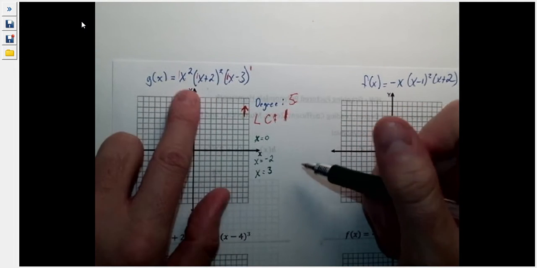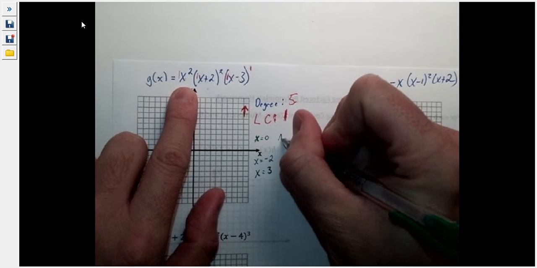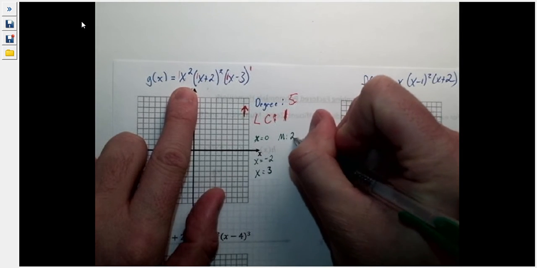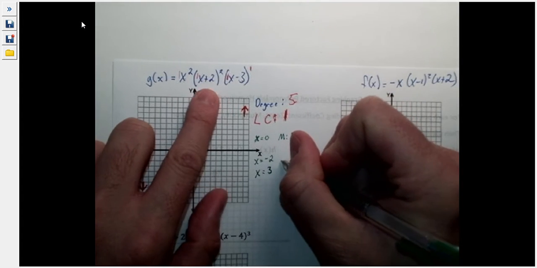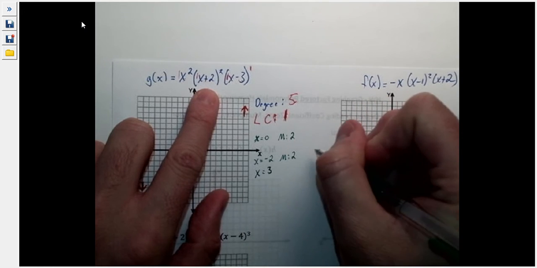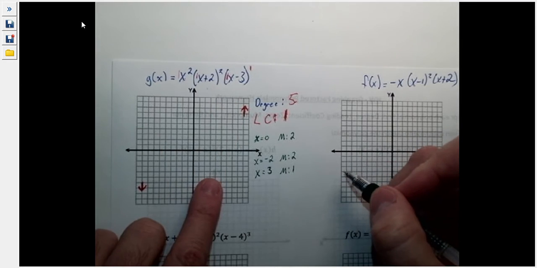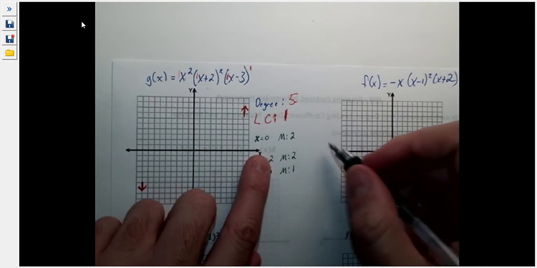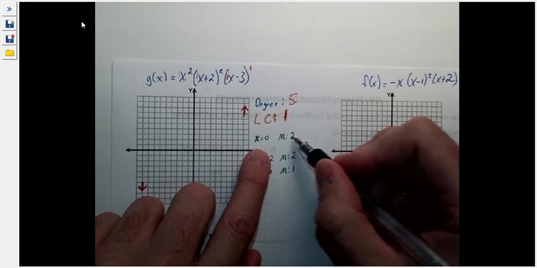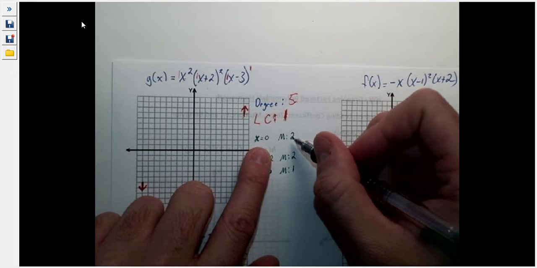Okay? And this root has multiplicity of 2. This root has multiplicity of 2, and this root has multiplicity 1. Okay? This root multiplicity is telling me what happens at this x-intercept.